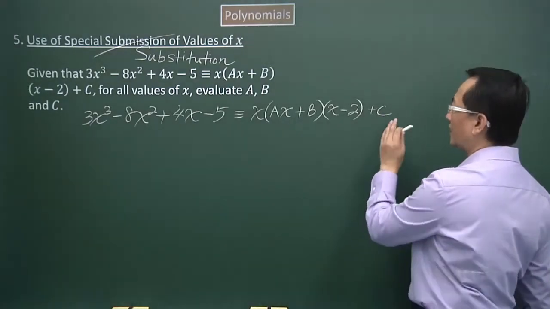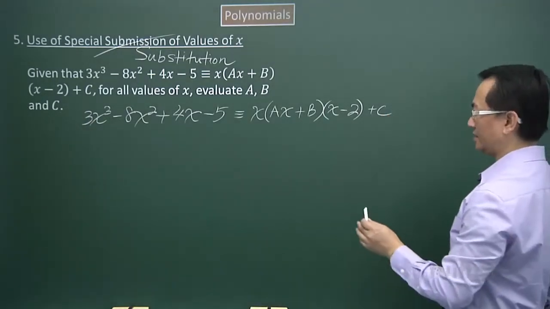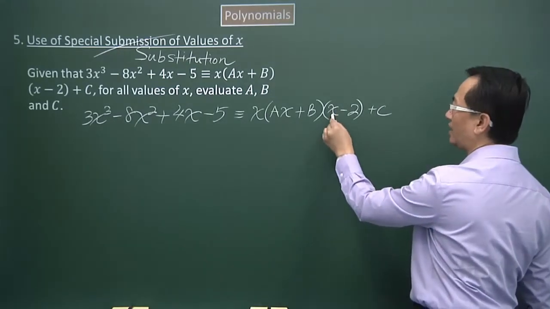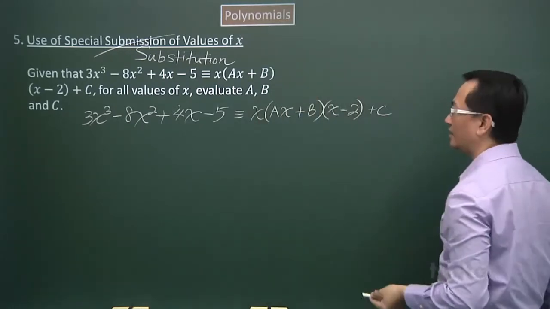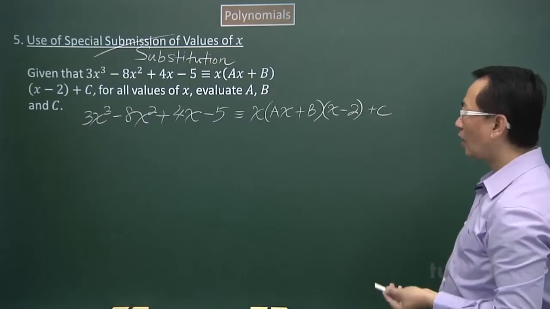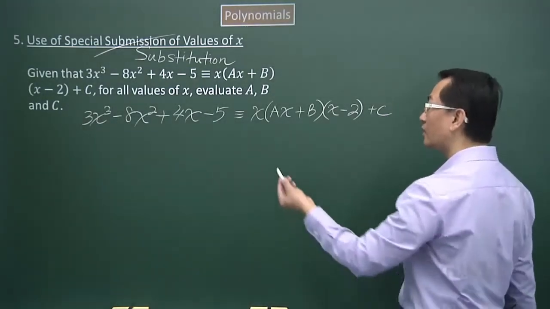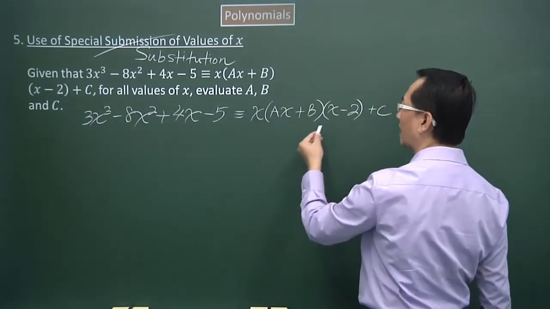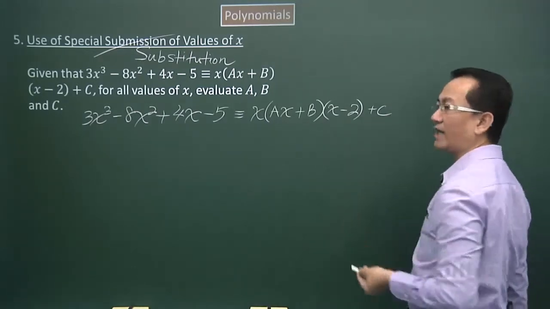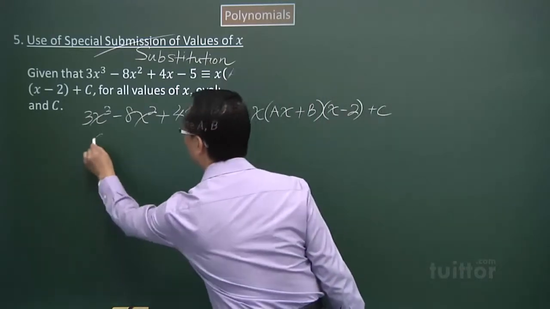Now if I need to work out the value of c, one way to do it is this. I can actually put in a 2 here, and therefore this whole expression is rendered 0. Or I can also, for simplicity's sake, put in a 0 for x, then this whole expression will also become a 0. And therefore I can solve for the c. So this is what I'll do.